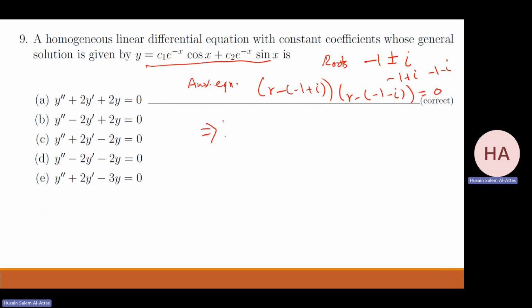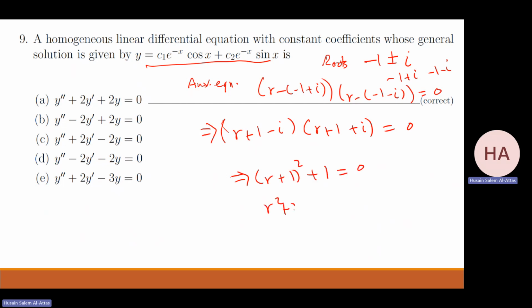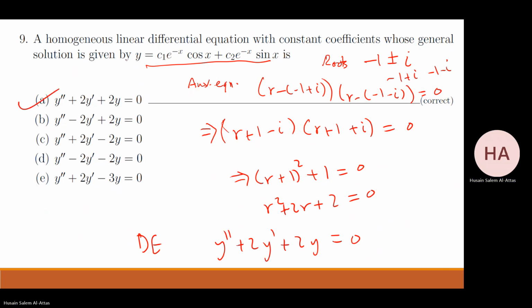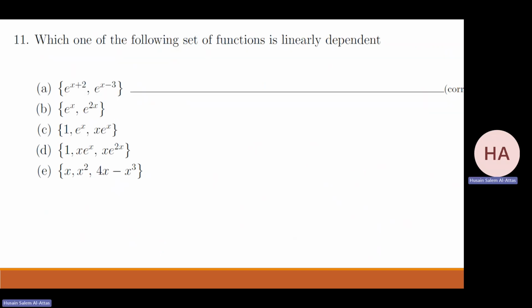So I have r plus 1 minus i, and r plus 1 plus i equal to 0. So I have r plus 1 squared plus 1 equals 0. So I have r squared plus 2r plus 1 plus 1, that is plus 2, equals 0. So what will be the differential equation? y double prime plus 2y prime plus 2y equals 0, which is this. You can do it easier than that, but just to be sure.